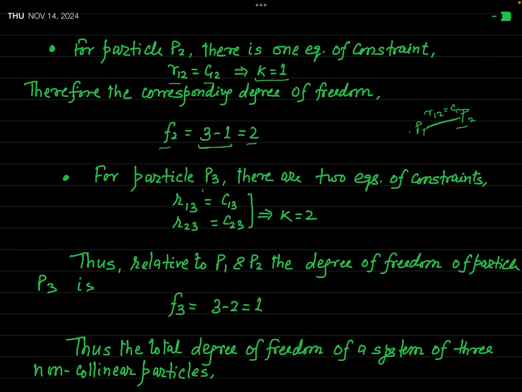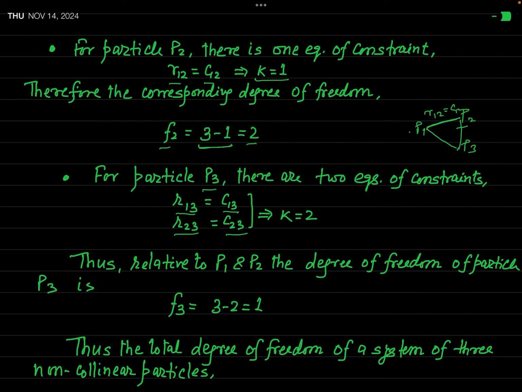Now let us think about P3. When you talk about P3, there will be two equations of constant. The distance of P3 from P1 is fixed, and the distance of P3 from P2 is also fixed. So there will be two equations of constant: R13 is equal to C13, which is a constant, and R23 is equal to C23, which is also a constant.